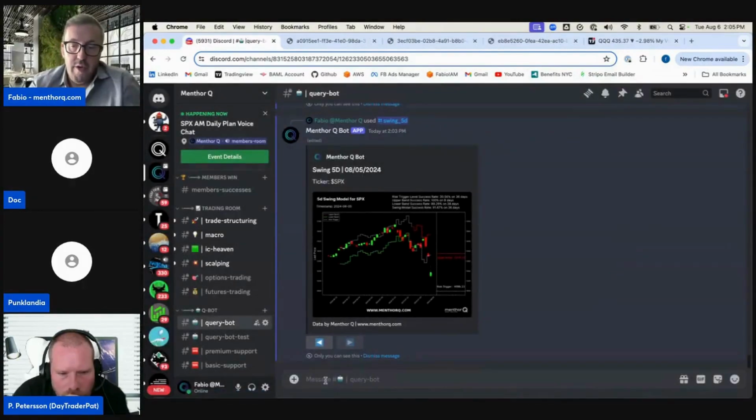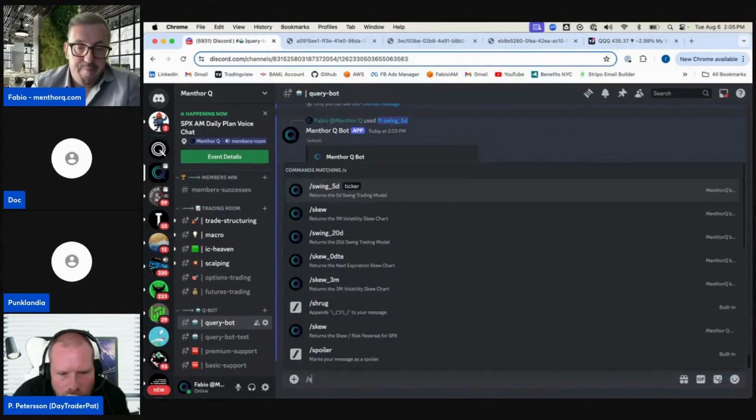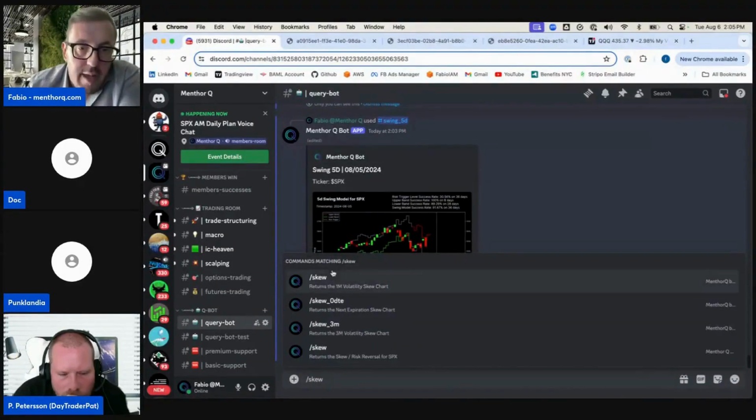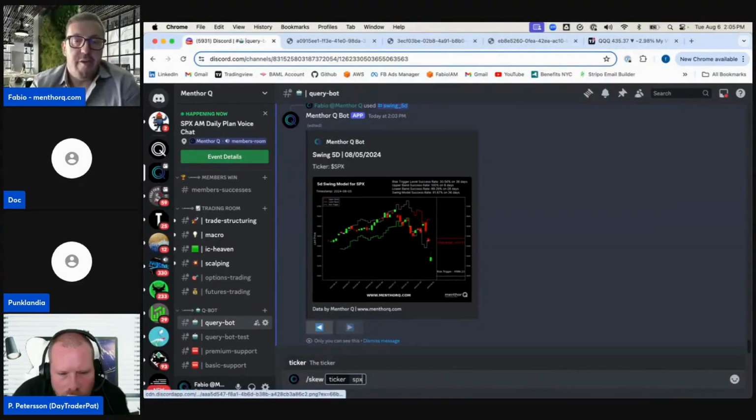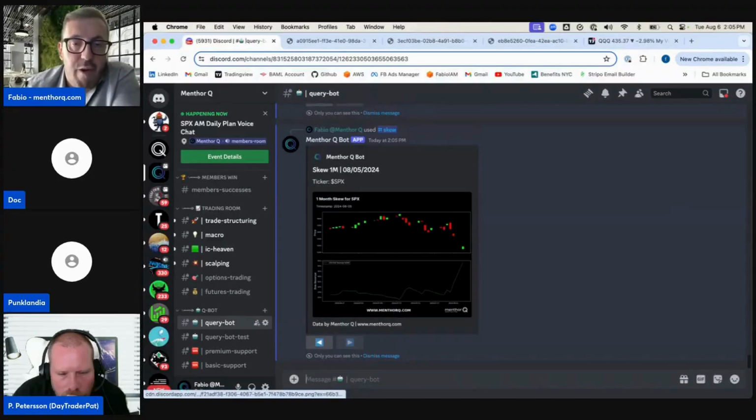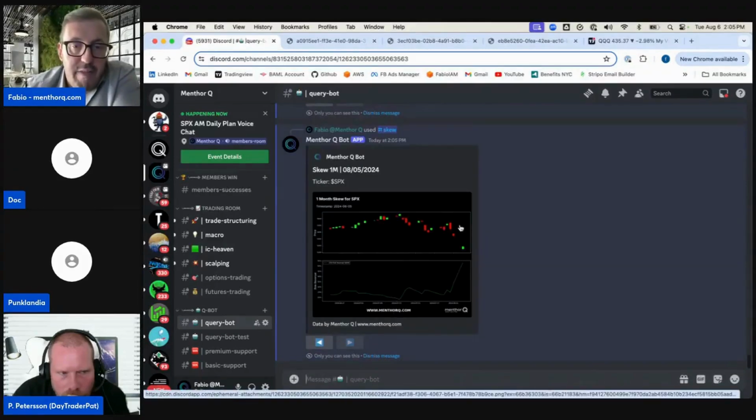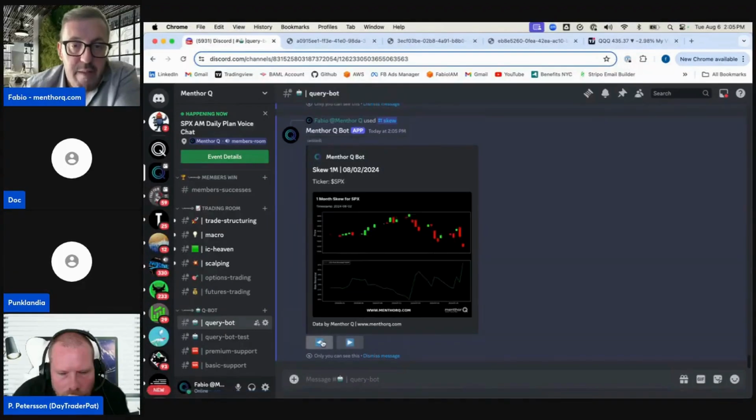Another thing we can do is look at the skew. The skew is our risk reversal skew, so it's looking at the volatility of the 25 delta calls and the 25 delta puts. We want to measure the spike in volatility, meaning that the puts are becoming more expensive. That means the market is buying more puts than calls for the 25 delta, so out of the money puts.